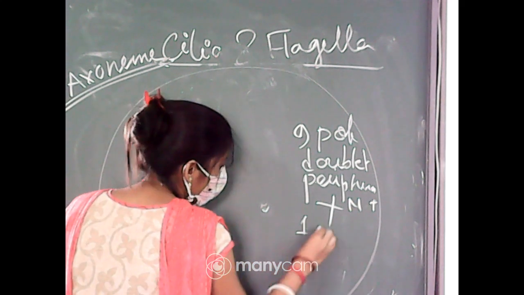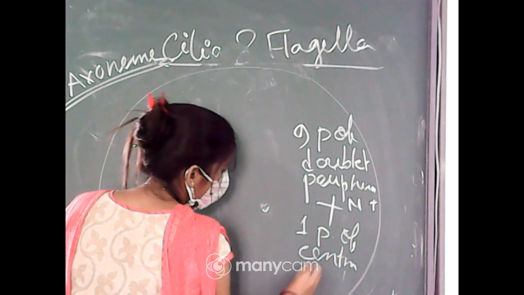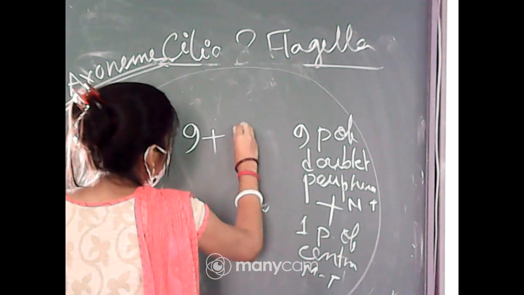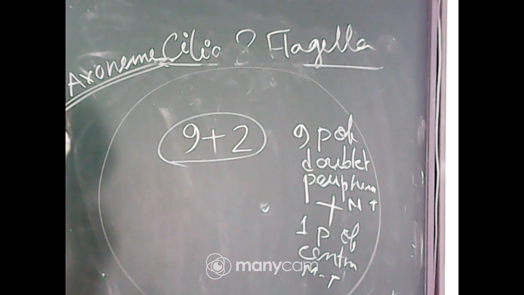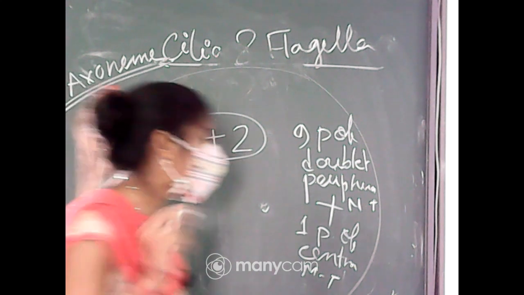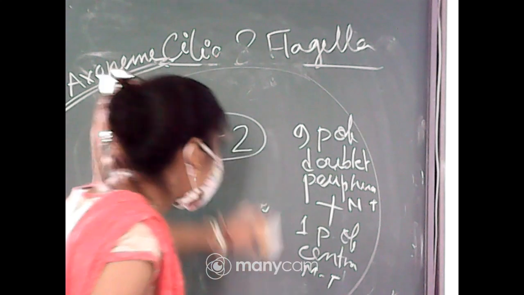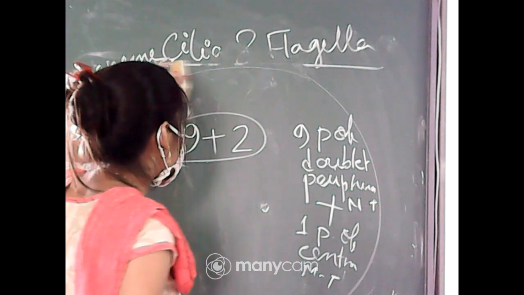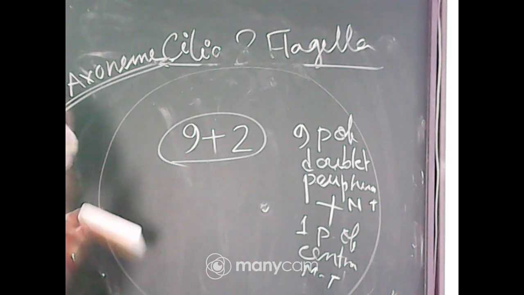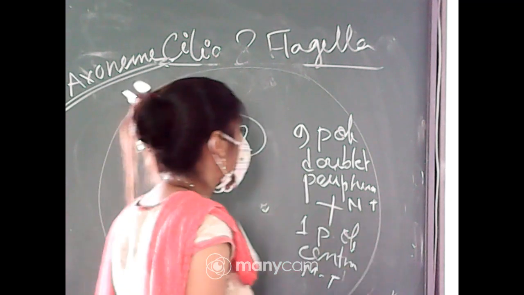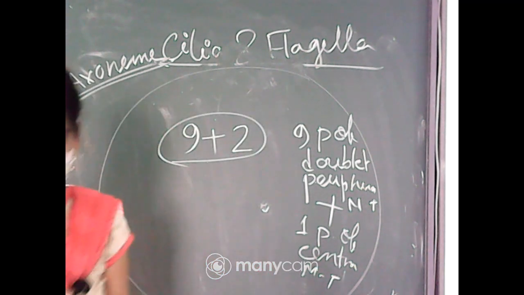One pair means 2. This type of arrangement is called the 9+2 arrangement or 9+2 array, because 9 pairs of doublet peripheral microtubules, present at the periphery, and 1 pair of central microtubules can be found.